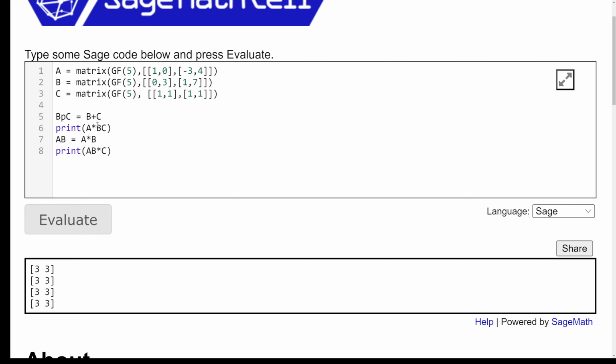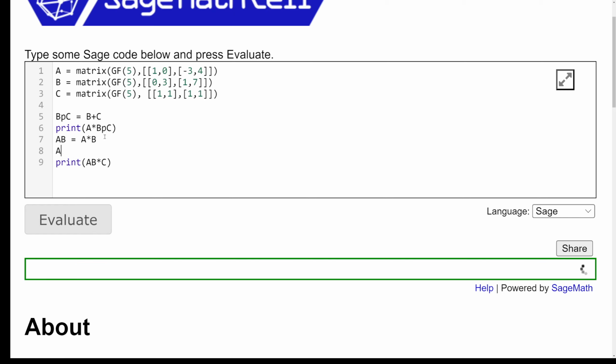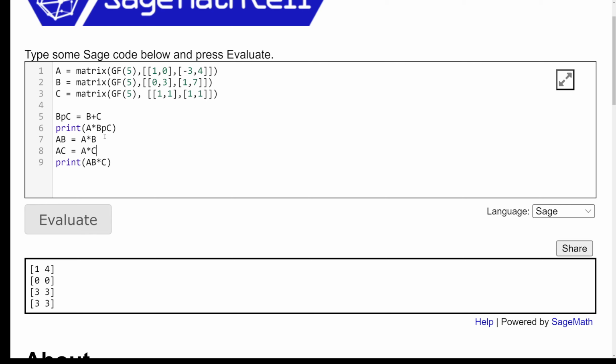So I want B plus C, and then I want to multiply A with B plus C. And then we have our AB, we also need AC, so that's going to be A times C. And then I want here to print out AB plus AC. Now, if matrix multiplication and addition satisfy the distributive property, this should return the same matrices, and they do.